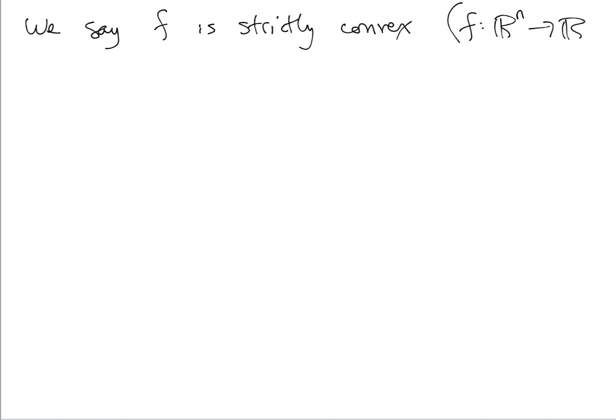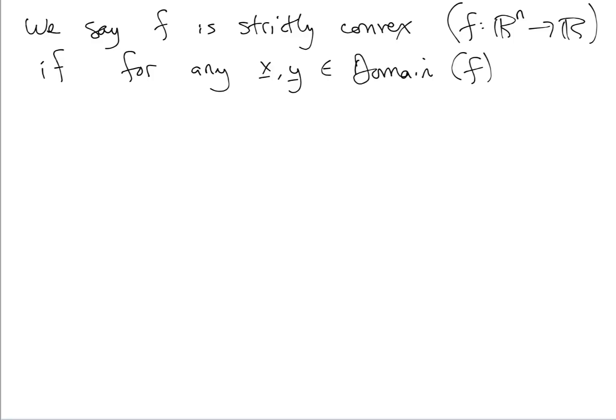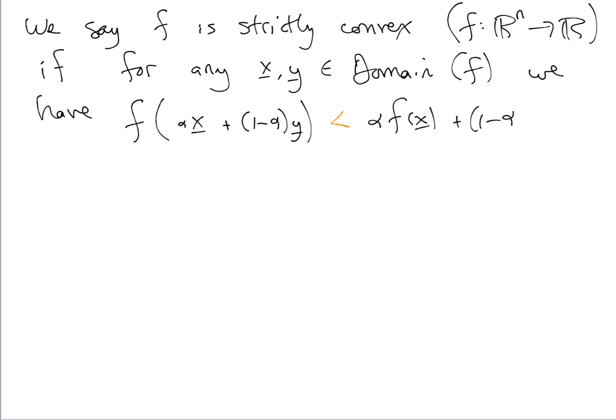We can say that f is strictly convex, and here we're referring to f from Rn to R, back to the original definition, if for any x and y in the domain of f, we have f of alpha x plus 1 minus alpha y, and we'll use a different color here, is strictly less than alpha f of x plus 1 minus alpha f of y.